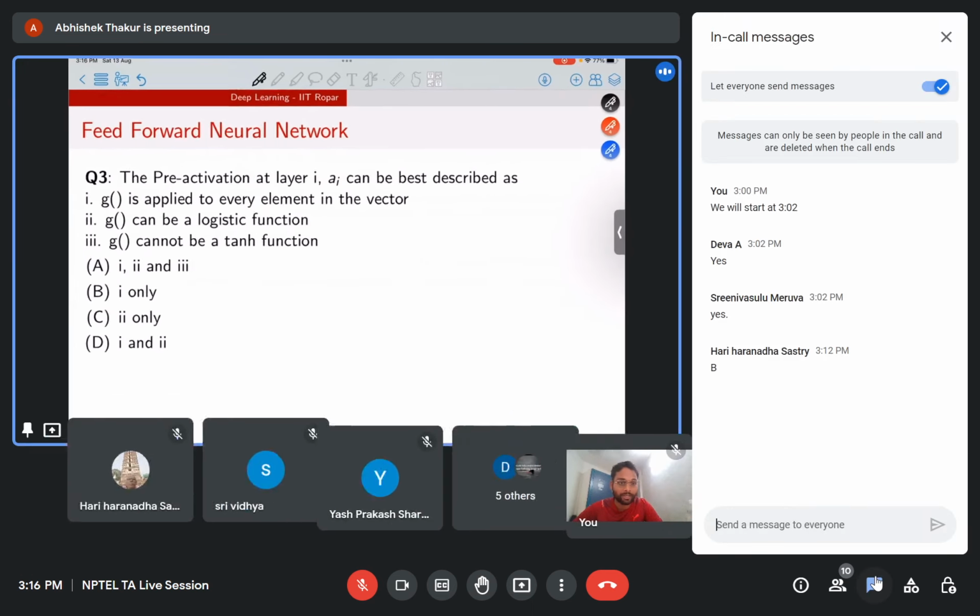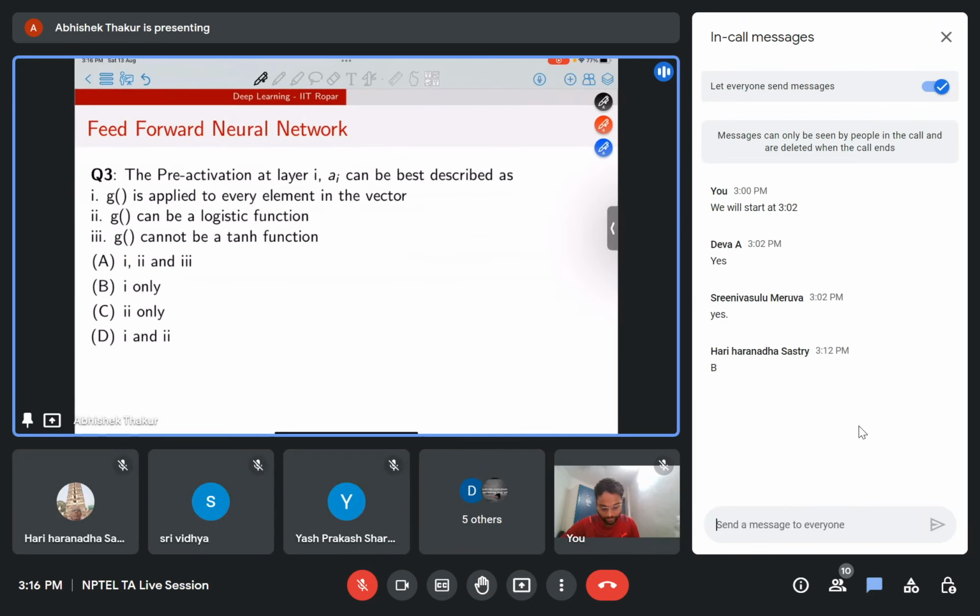I'll see the chat box. If you can answer, then you can answer this question as well. Statement 2 says that G can be a logistic function. Statement 3 says that G cannot be a tanh function. So what is the correct option? Which statements can best describe the pre-activation at layer i?